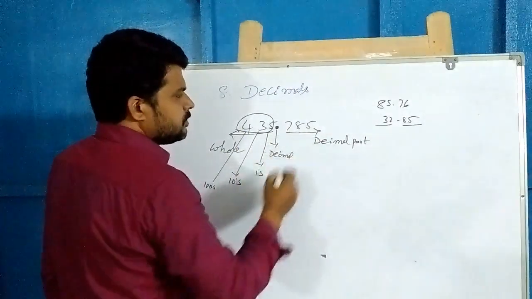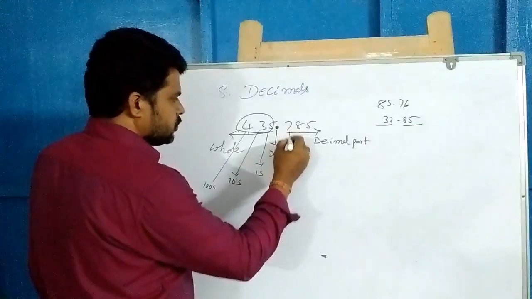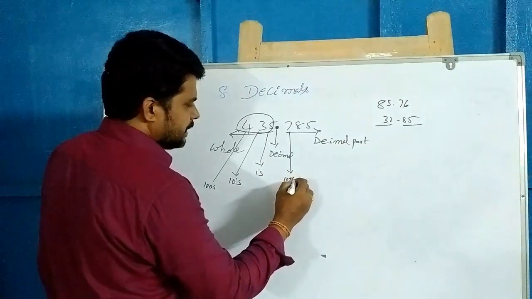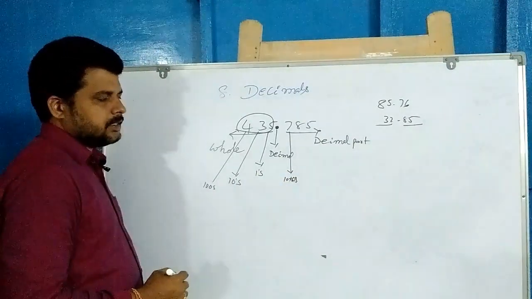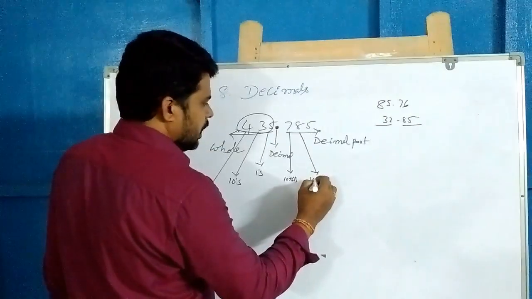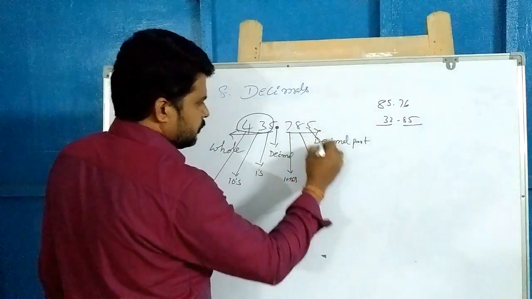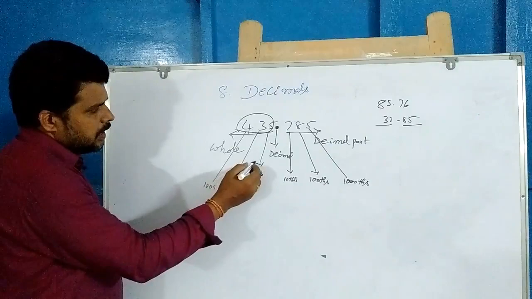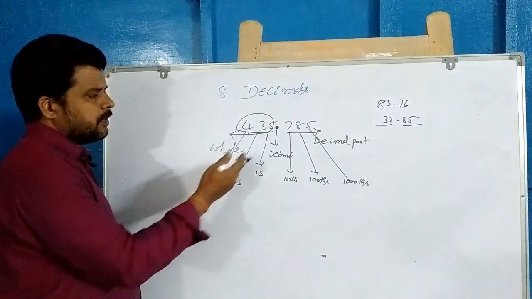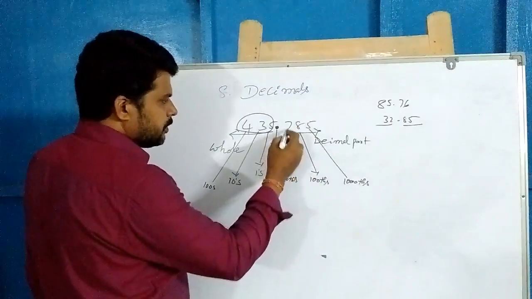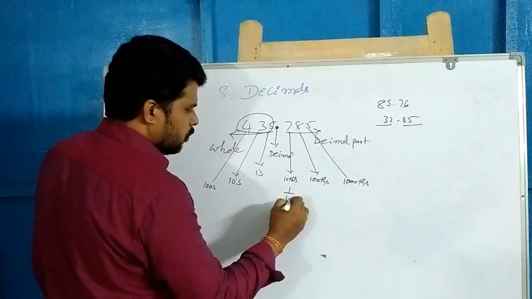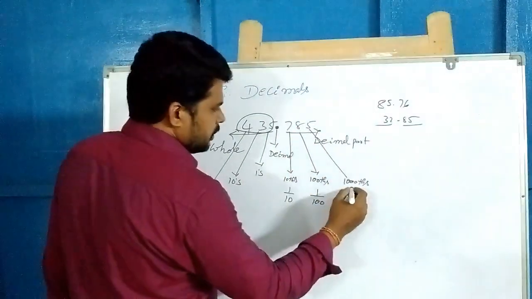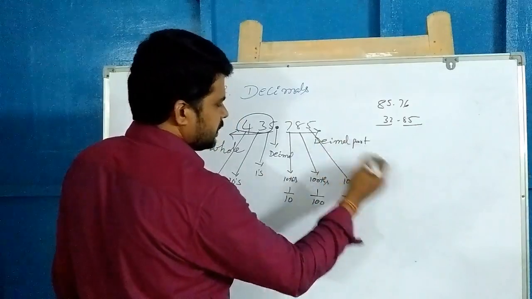Now the place values of the decimal part: first, 7's place value is tenths, this is hundredths, 5 is thousandths. Tenths means 1 by 10, hundredths means 1 by 100, thousandths means 1 by 1000. Next, ten-thousandths.